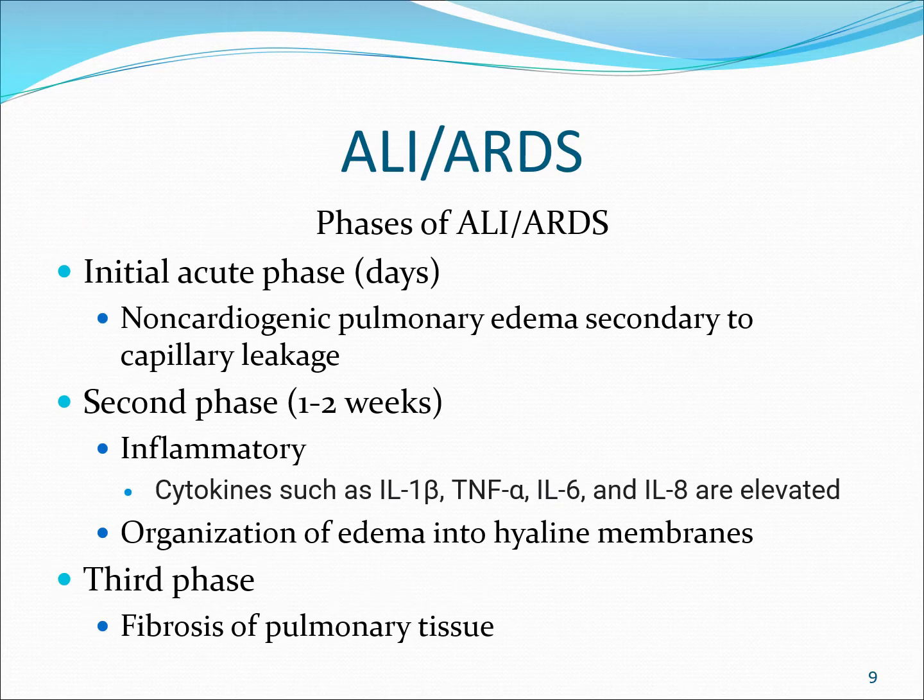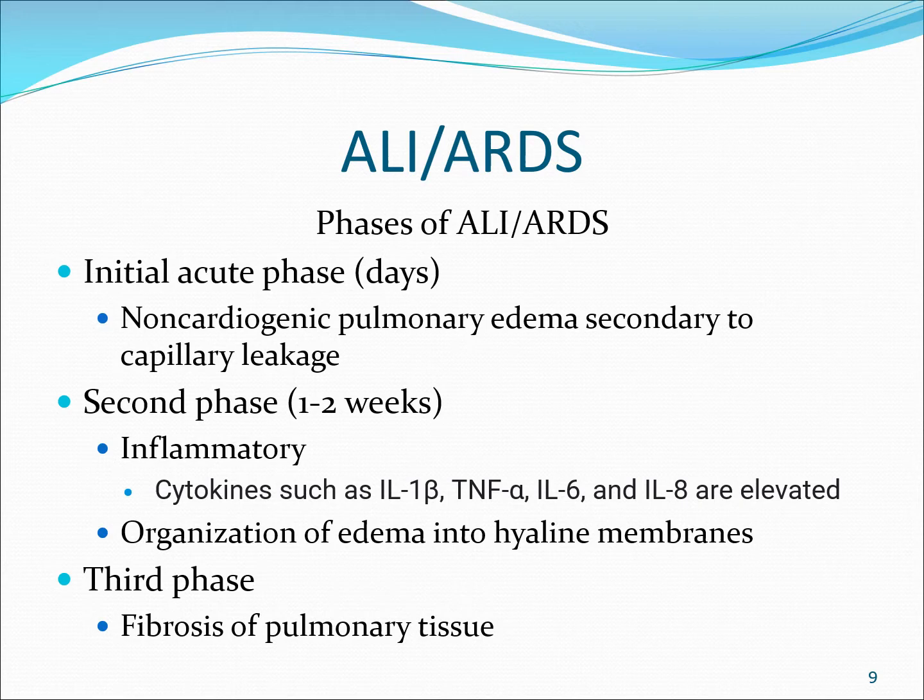ARDS typically is in three phases. One is called the initial acute phase, the second one is the second phase, and the third one is the third phase. It's right on the paper. During the first few days, you end up getting pulmonary edema secondary to capillary leakage. When you have pulmonary edema, your oxygenation status is going to deteriorate.